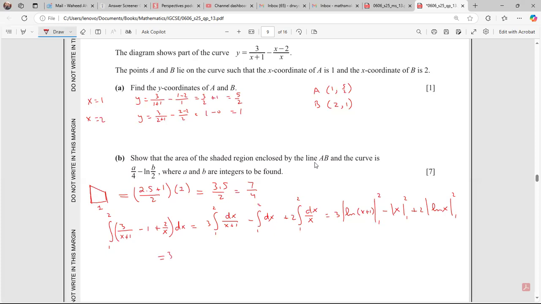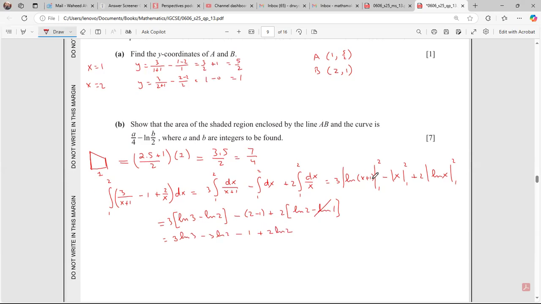So 3 into, when I put the upper limit, it will become log of 3 minus the lower limit log of 2, minus 2 minus 1, and plus 2 into log of 2 minus log of 1. Log of 1 is 0, so we can just ignore it. So this is going to be 3 log 3 minus 3 log 2 minus 1 and plus 2 log 2.